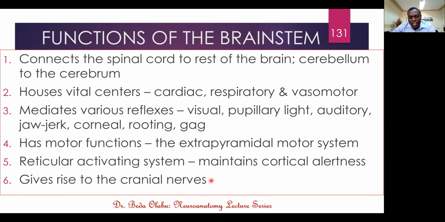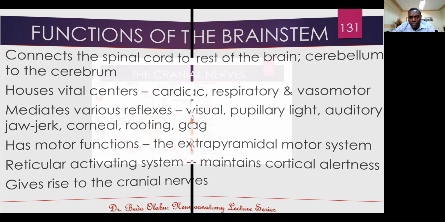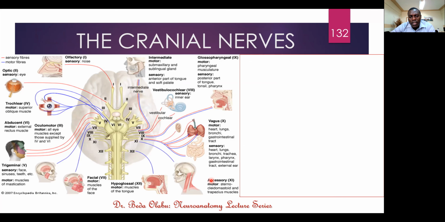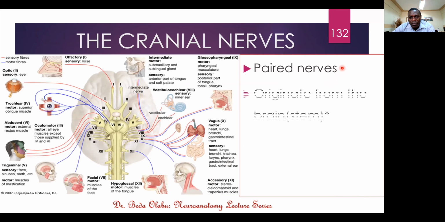Last but not least, the brainstem gives rise to cranial nerves, and we'll be talking about the cranial nerves. So these are the functions of the brainstem. Now let's talk about the cranial nerves. The cranial nerves are paired, which means you have right and left.